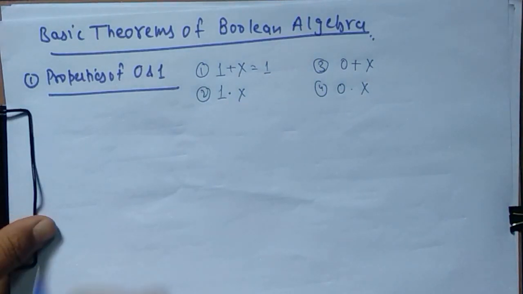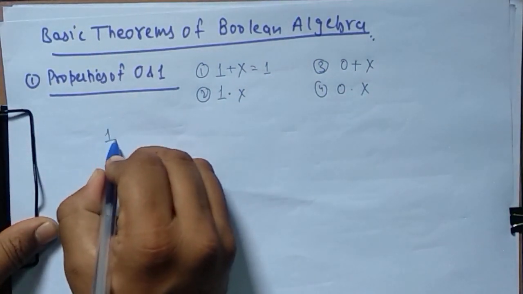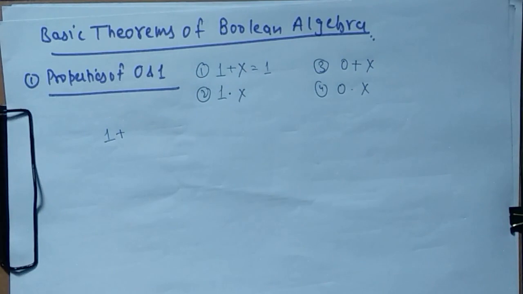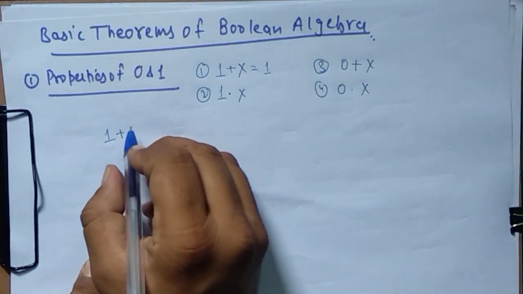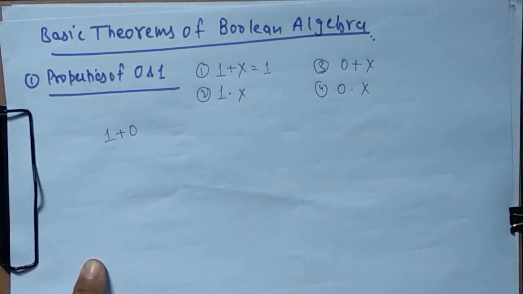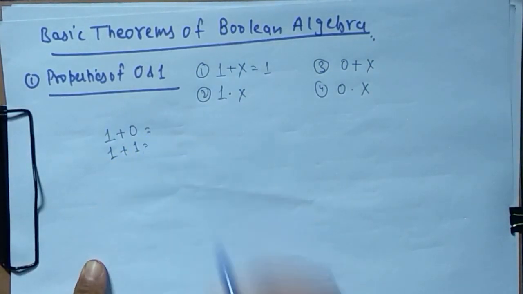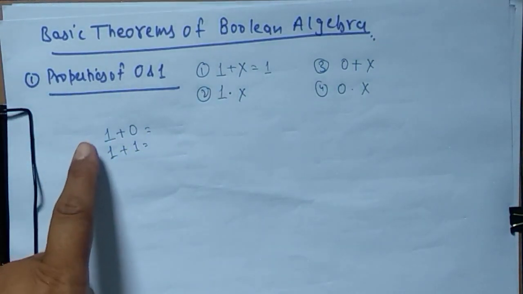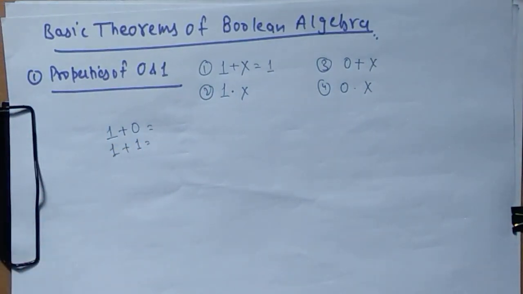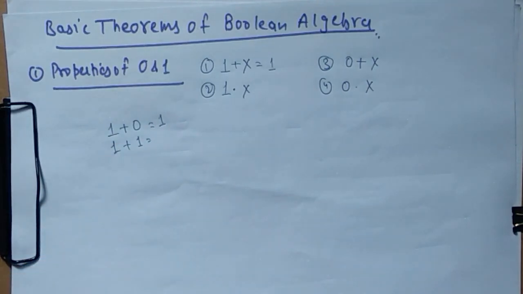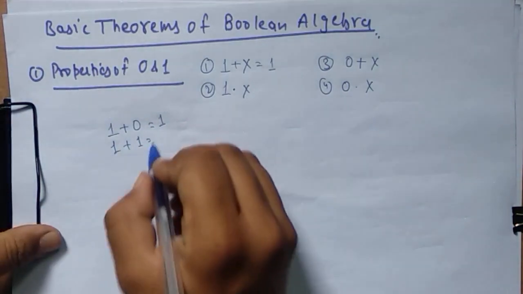How is it possible? 1 plus x can be either 1 plus 0 or 1 plus 1. If 1 or 0, the result will be 1, and 1 or 1, the result will be 1.